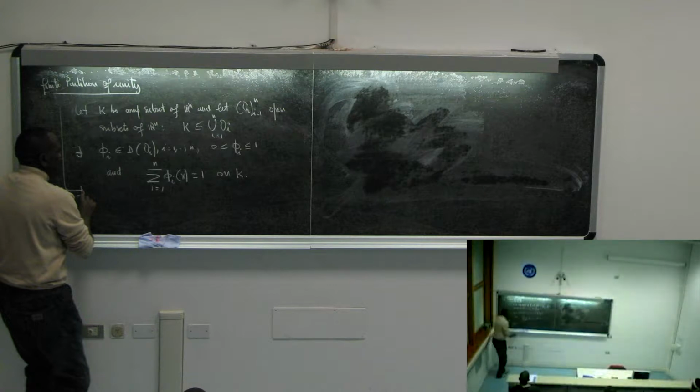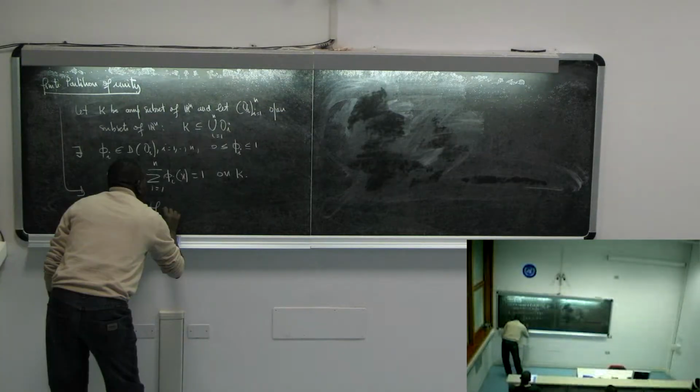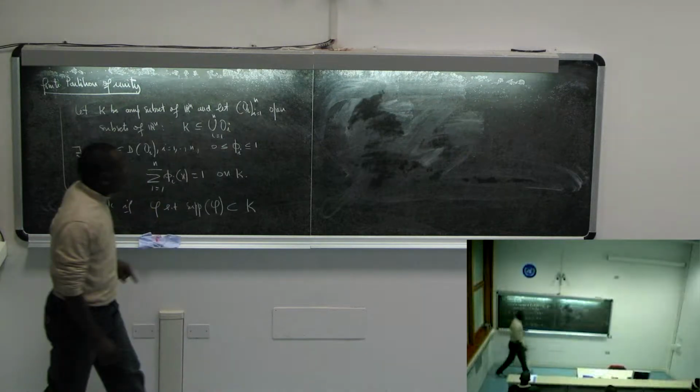It means, look at, remark, if you have a function phi such that the support of phi is inside K, by using the partition of unity, we can write this function phi of x as the sum for i equal 1 to n of phi times phi_i of x.